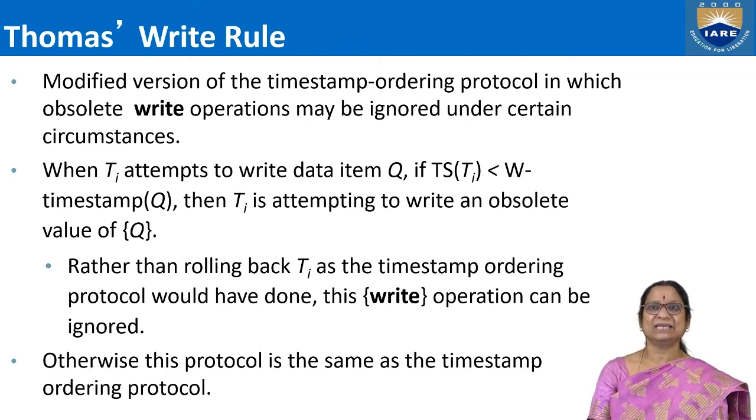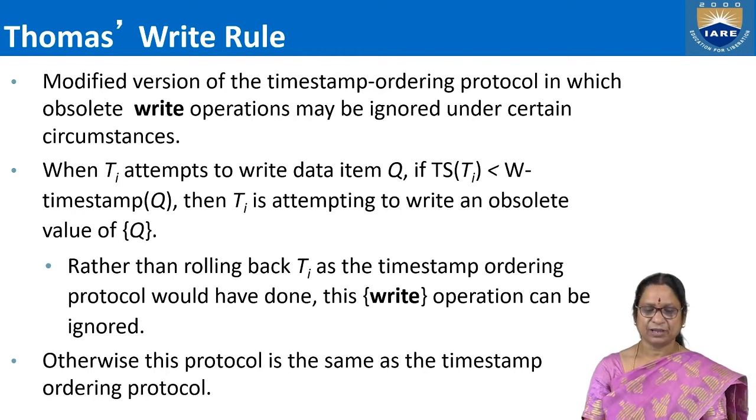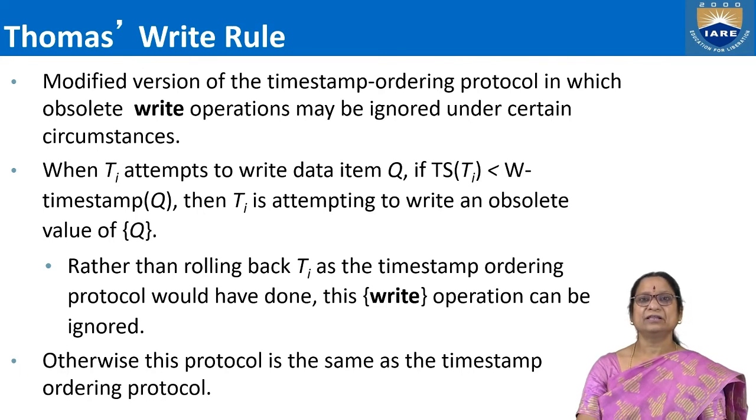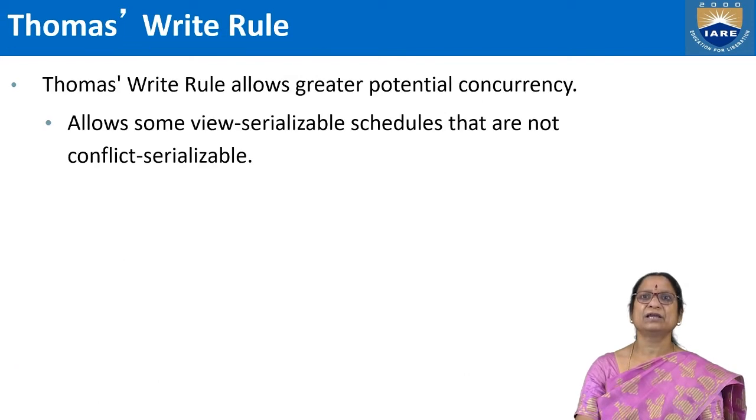So rather than rolling back, the write operation that the timestamp ordering protocol would have rejected can be ignored. Otherwise, this protocol is the same as the timestamp protocol. That is, in the second case, wherever we consider an abort operation, instead of aborting, we consider it an ignore.